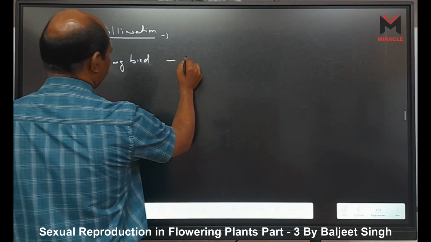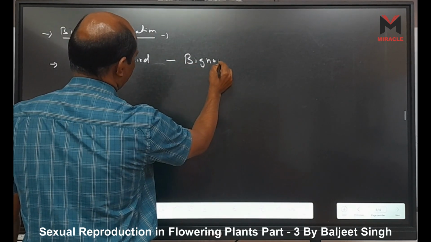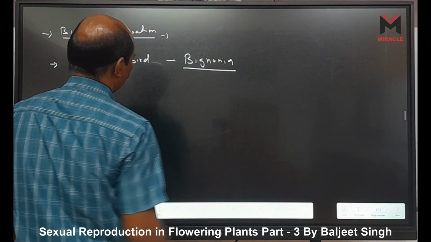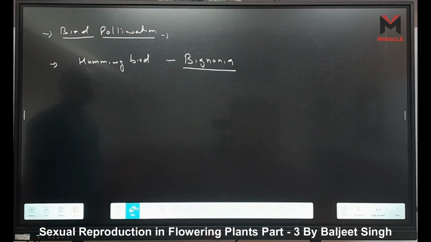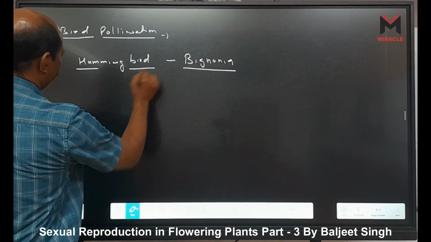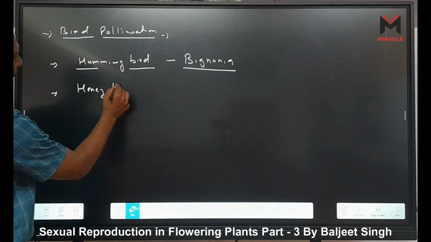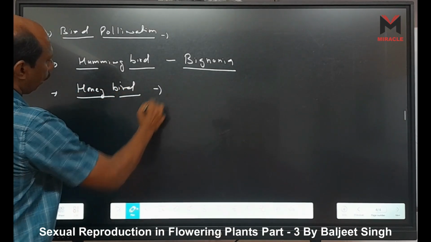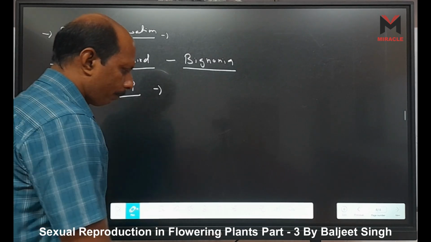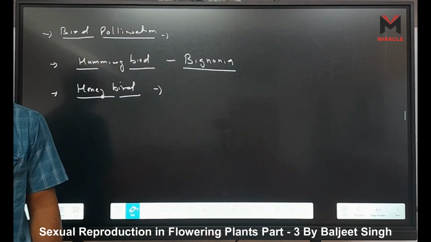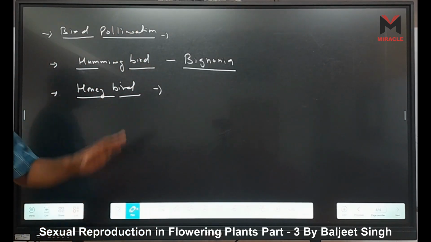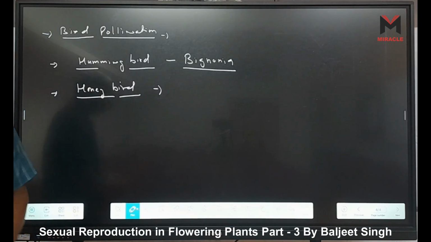Hummingbird, as for example, Bignonia. This hummingbird is responsible, it is the pollinating agent. Second, we have the honeybird. It is responsible for pollination in which? In our dhak.